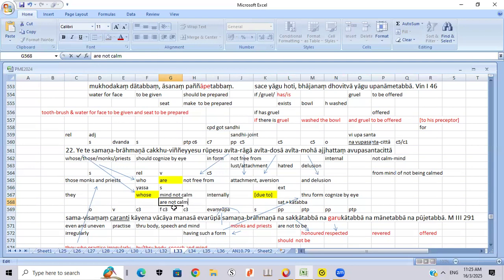Because he said mind are not calm internally. So even though this is an object, this is object internal. So internal is an object. Internally, it becomes an adverb. In English, you can change it to the adverb because internal and internally are the same. Because "are not calm" is already a verb, this becomes an adverb.